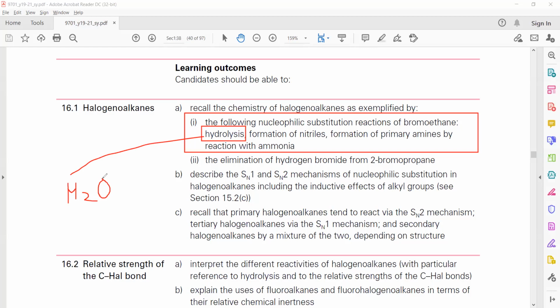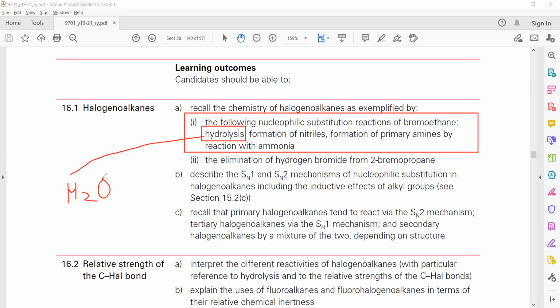Cool. So very good question. Thank you for that. I don't know if they took it out of the syllabus. I would say keep it as an extra tool in your toolkit. But the biggest difference there is that you must not add the ethanol, because if you add the ethanol, you're going to get the elimination.